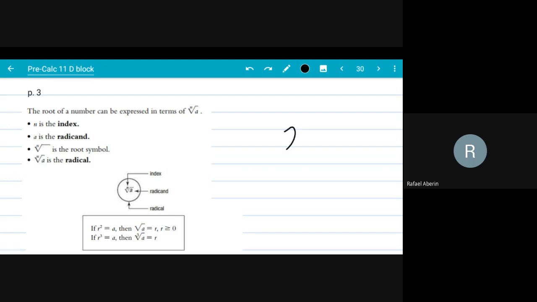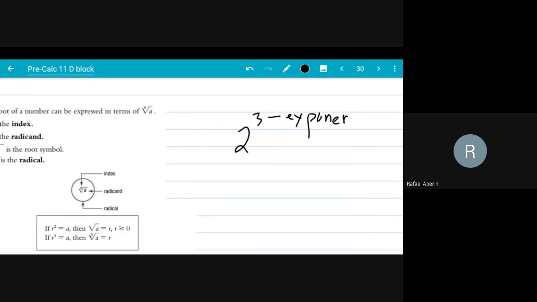So for example, 2 cubed. This one is called the exponent, right? Well, this one is called the base. And together, it is called a power.